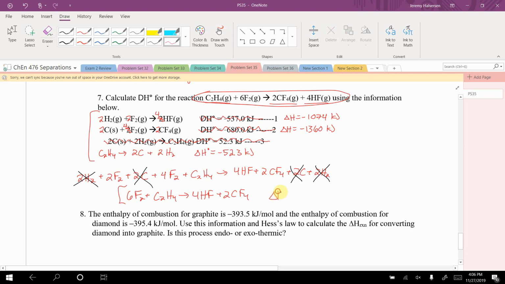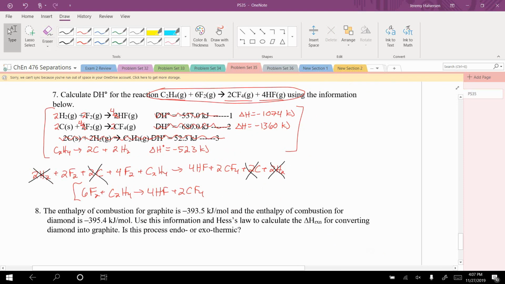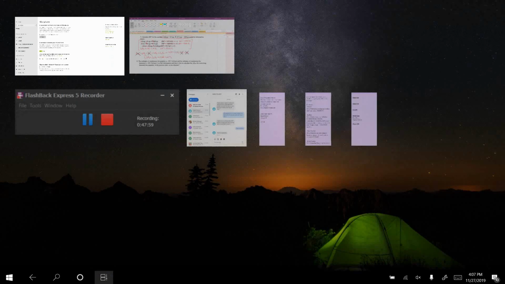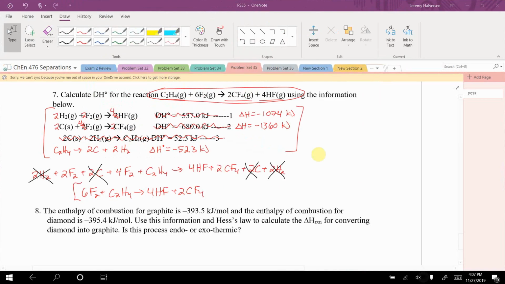So if I want the delta H for this reaction, I can add up the delta H's for the component reactions. So I'll write it over here. Then I can say delta H naught is going to be negative 1074 minus 1360 minus 52.3.